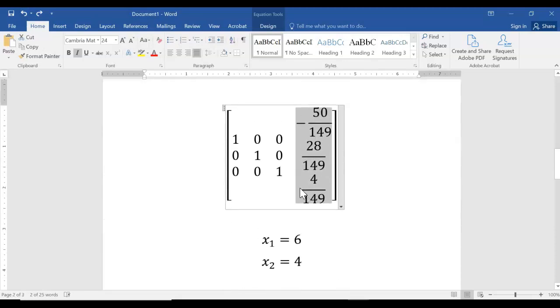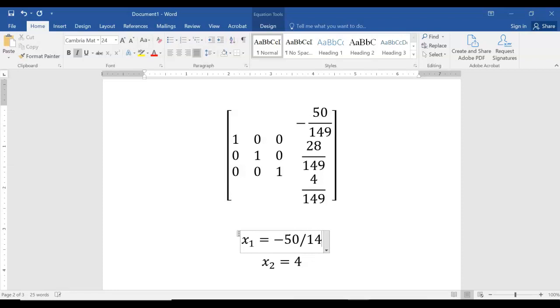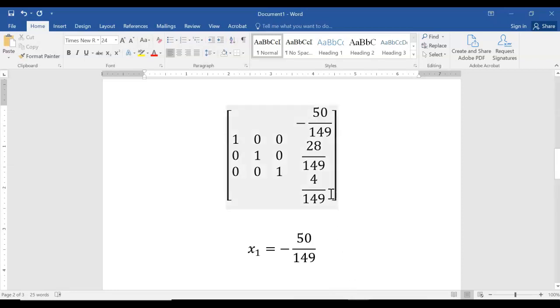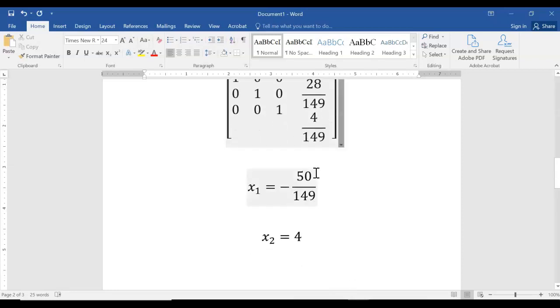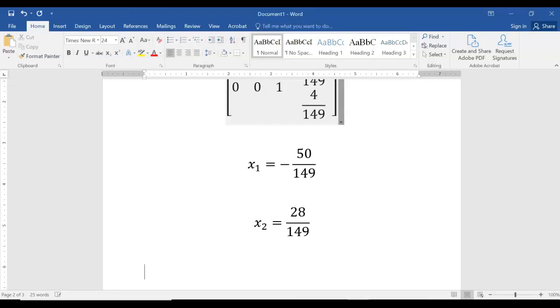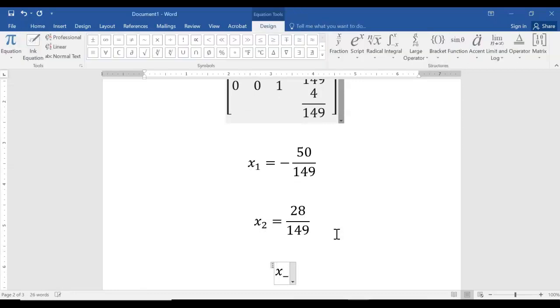The short of the story is this. x1 is equal to negative 50 over 149. x2 is equal to 28 over 149. And x3 is equal to 4 over 149.